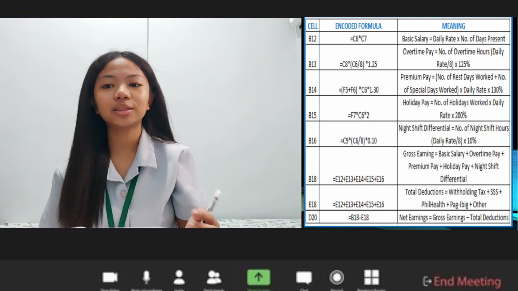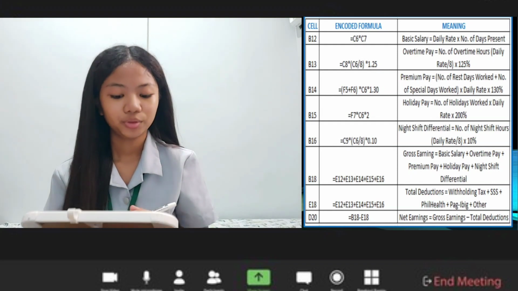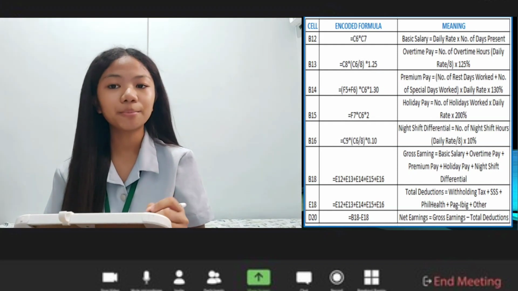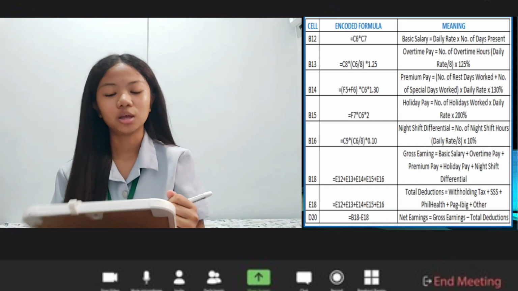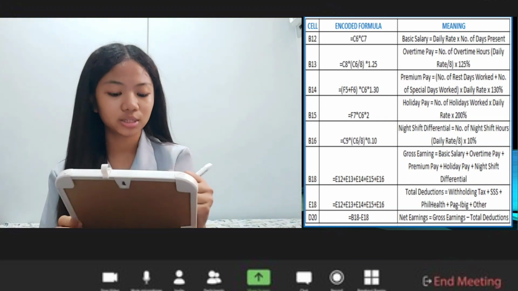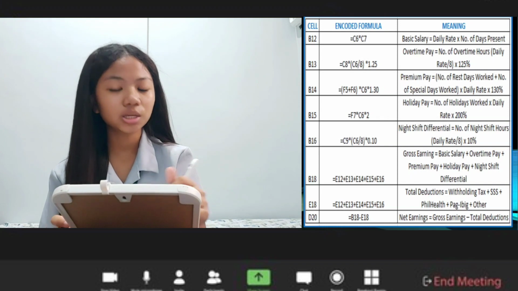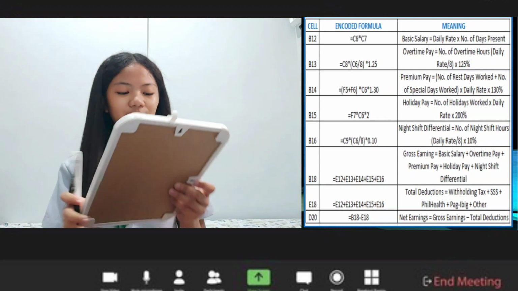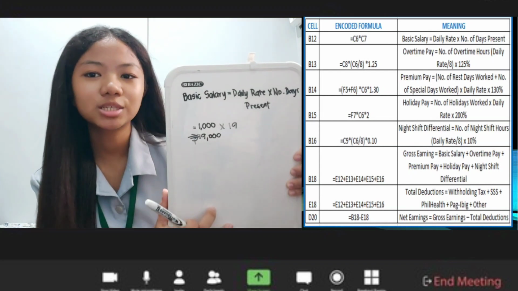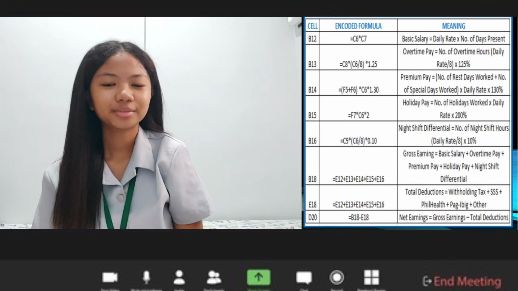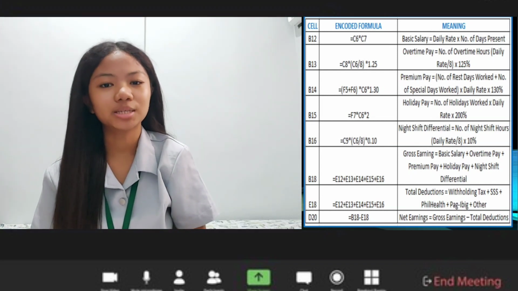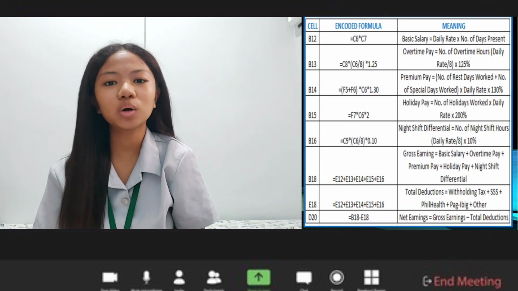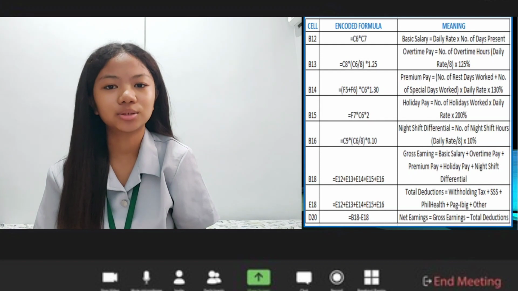His daily rate is 1,000 pesos and his number of days present is 19. So 1,000 times 19 is equal to 19,000 pesos. Okay, correct. So this is the solution. If you are using MS Excel, you need to encode the following formula, which is equal sign C6 asterisk C7.